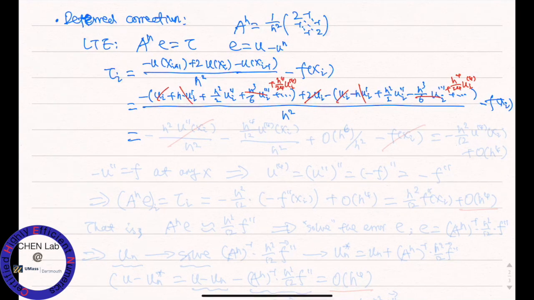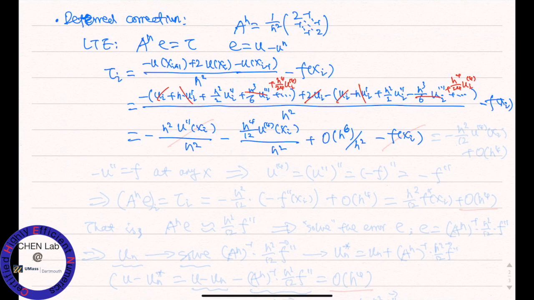So what we have left is minus h squared u double prime at xi divided by h squared, and then we have minus h to the fourth over 24, 2 of them over 12, u to the fourth derivative at xi, this is also divided by h squared, plus the u to the fifth cancel, what we have left is order h to the sixth, and this divided by h squared as well, minus f at xi.